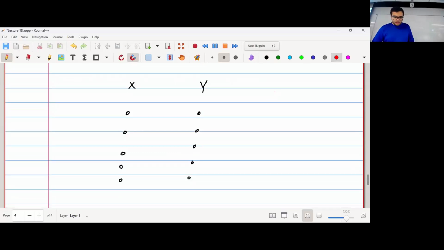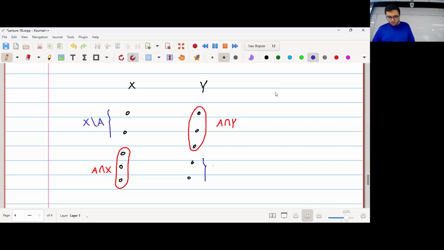So let me just show the vertices in A in red. So let's say these vertices in X are in A. And let's say these vertices in Y are also in A. So this is A intersect Y. This is A intersect X. And of course, these are the remaining vertices. So this is X minus A. This is Y minus A.